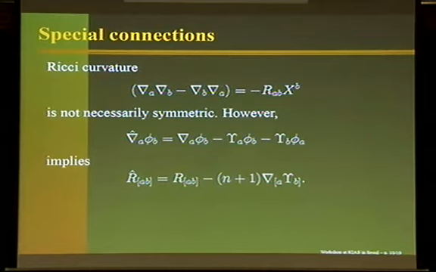But under projective freedom here, remember there's this freedom here, and so you're not just trying to find a metric to describe this connection, but you're trying to find a metric which describes this projective class of connections. And so you're allowed to modify your connection by this projective freedom. And when you do that, it affects this Ricci curvature. And in particular, the skew part of the Ricci curvature is affected precisely in this way. So what you get is, in fact, the skew part of this, which is a 2 form, is actually just the exterior derivative of this 1 form here.